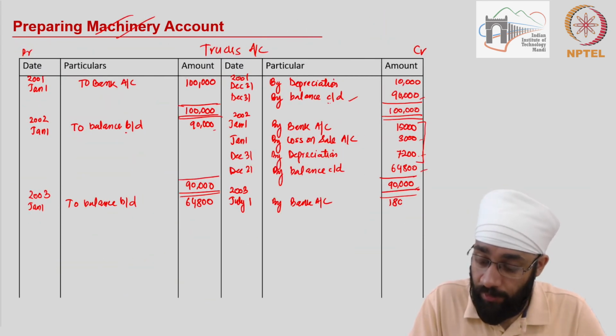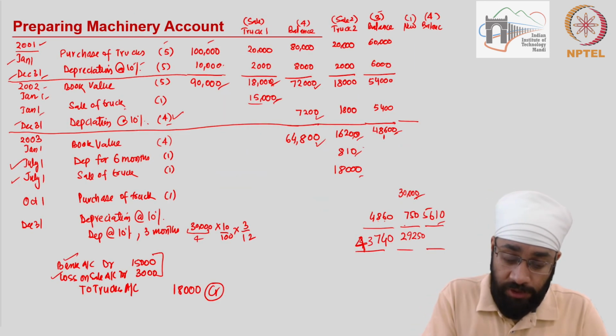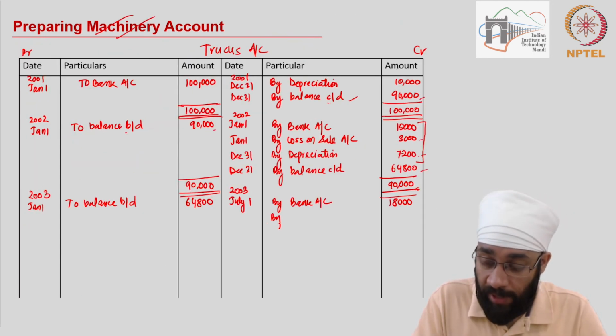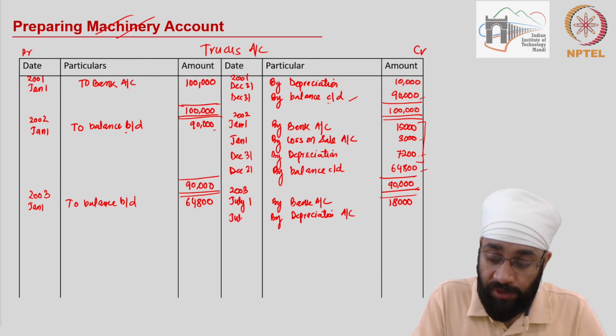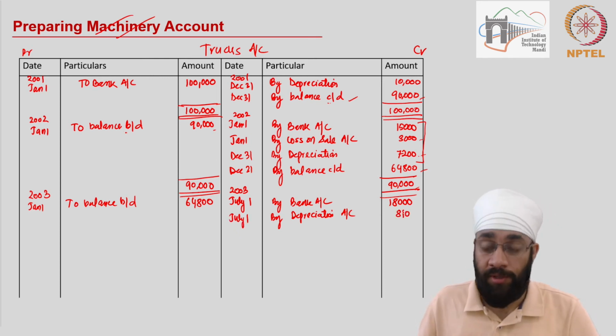So 18,000 rupees received, and on the asset which is being sold, depreciation for 6 months is being charged, which is 810. So I'm going to write by depreciation. This is depreciation on one truck which is being sold on July 1st. So only 6 months of depreciation, 810.